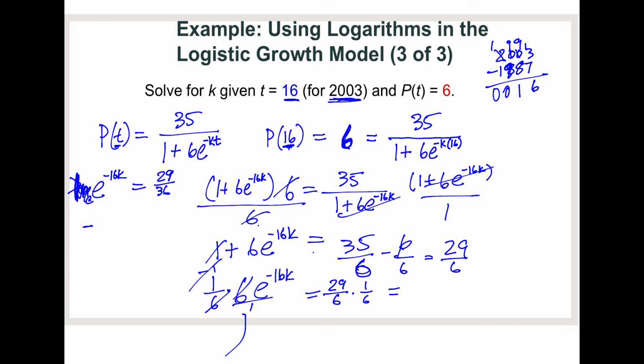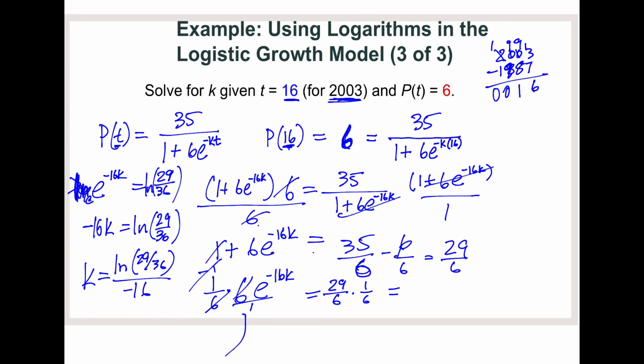That leaves, and I do it to both sides, minus 16k equaling the ln of 29/36. And k then will be equal to the ln of 29/36 divided by negative 16.